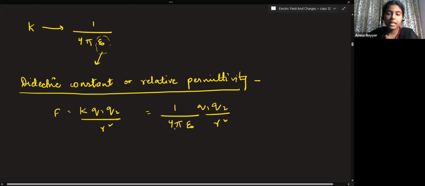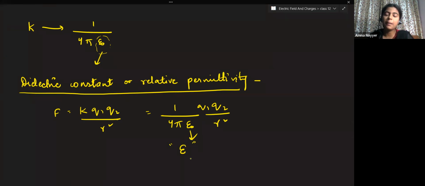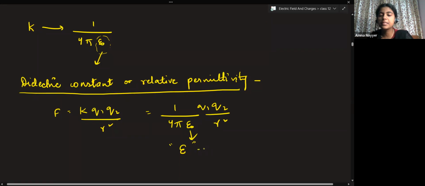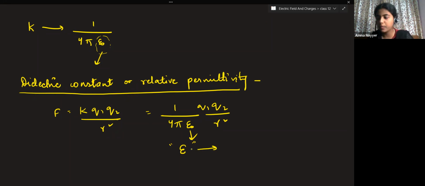Now if you somehow change the medium, then this epsilon gets affected. This epsilon is a symbol for the permittivity of the medium. Once you change the medium, the epsilon value will be something else. Like for air, what was the value? If any of you remember, we had discussed it.